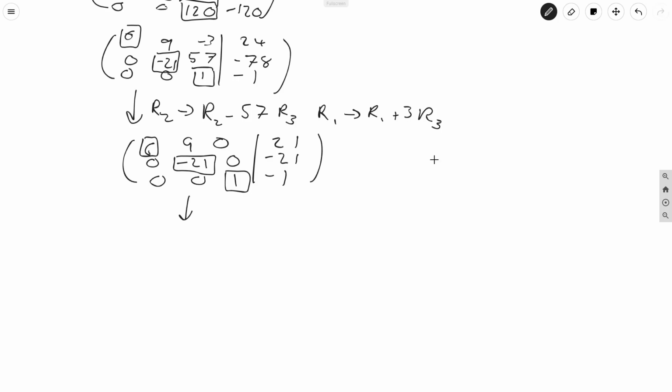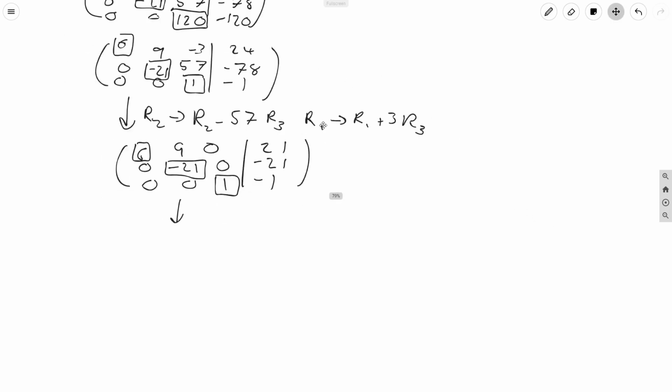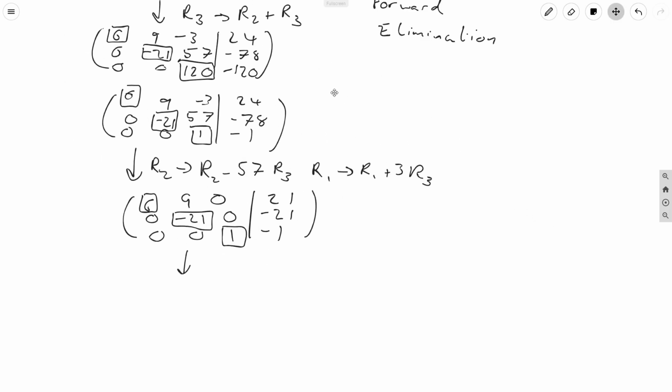So just dividing, oh, I should clarify this step up here. This one here, I didn't write in the step here because it was kind of simple, but this is row 3 getting sent to row 3 divided by 120. Similarly, we're going to send row 2 here to row 2 divided by 21, or minus 21, I suppose.